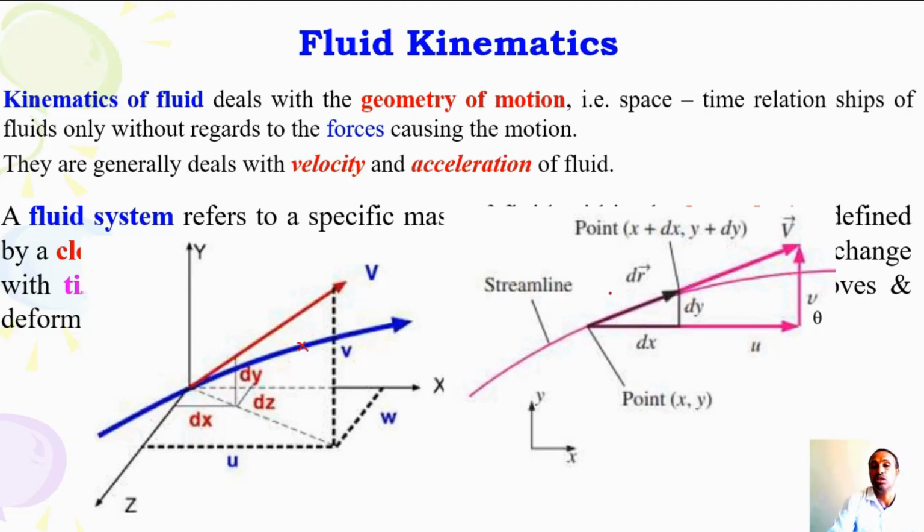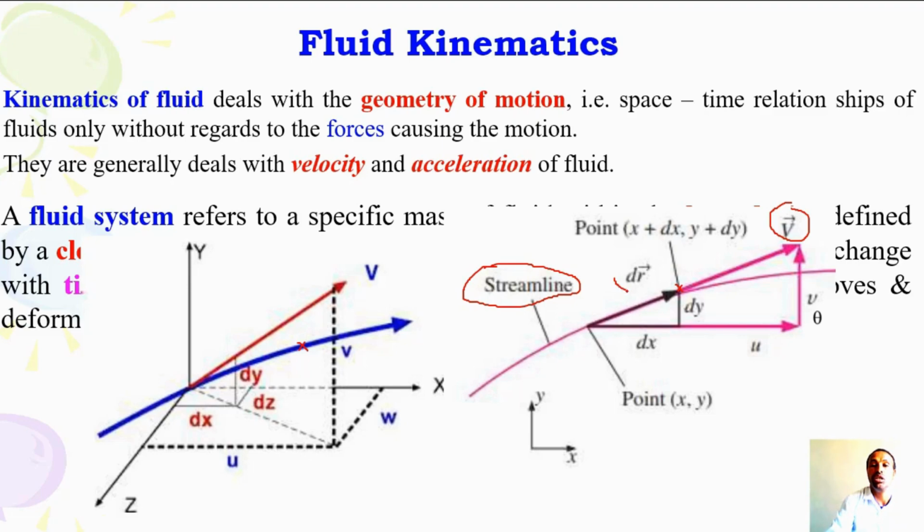You can see this one, which is the streamline. So you have the streamline, which is this line, and then you can have the velocity vector v, at any point x plus dx and y plus dy. When you go to this point, what will it be?